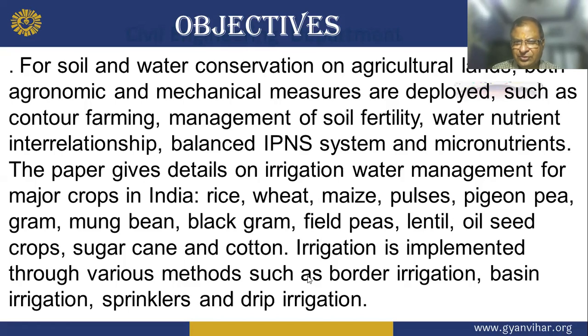Irrigation is implemented through various methods such as border irrigation, basin irrigation, sprinklers, and drip irrigation.